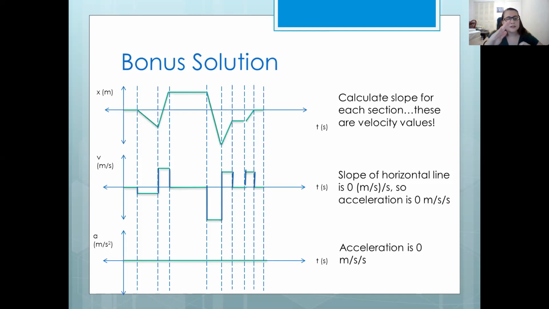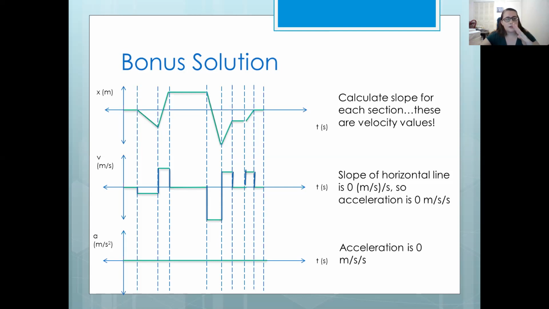The next section, we have a negative slope, and using the numbers that we can see on the previous slide from the graph, that gives us a slope of, I think, -1. So our velocity is at a constant -1, more or less. But that velocity time graph at that moment is a horizontal line. So the slope of our horizontal line is 0, acceleration is 0.